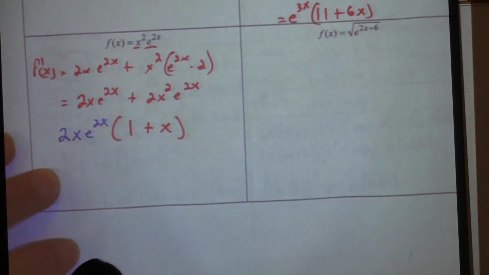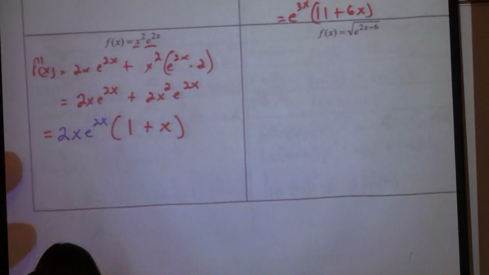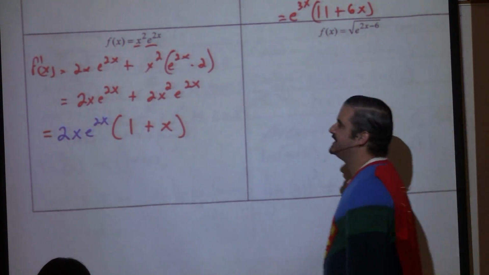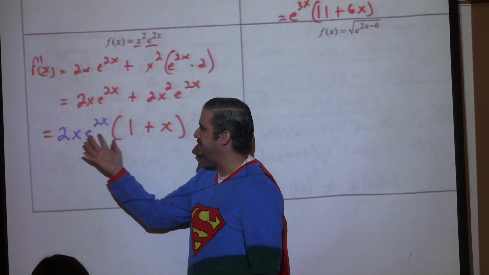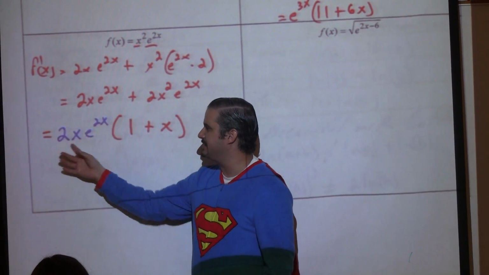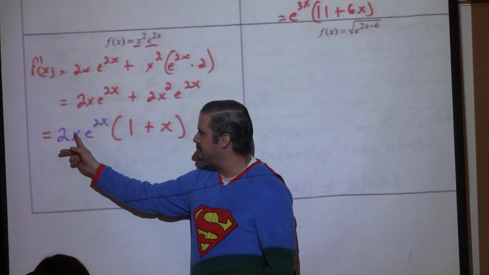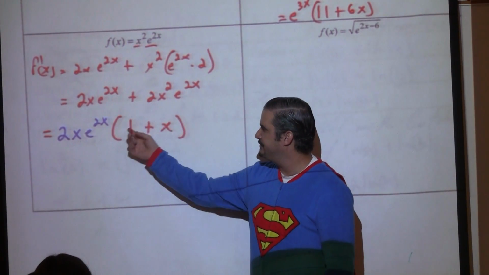Okay, so now if I want to know where this is equal to 0 so I can find my critical numbers or my horizontal tangent lines, can the outside equal 0 now? Yes, this is going to equal 0 when x is 0, because when I put 0 there, that gives me 2 times 0 times this, which is 0. And when will this be 0?